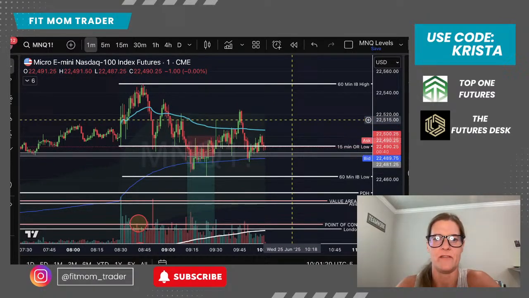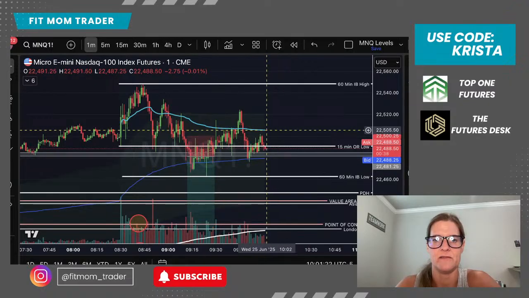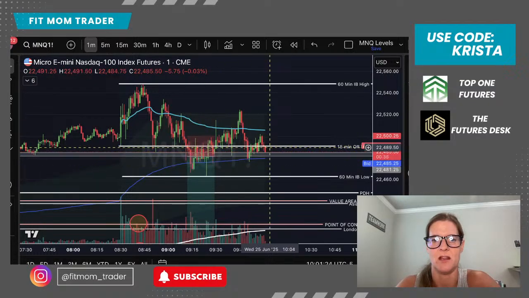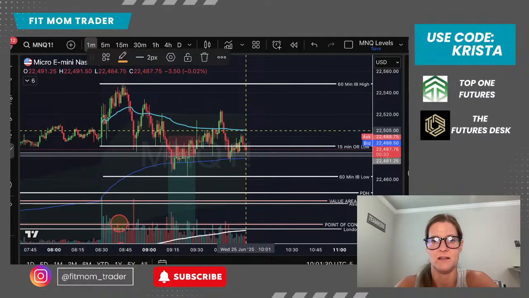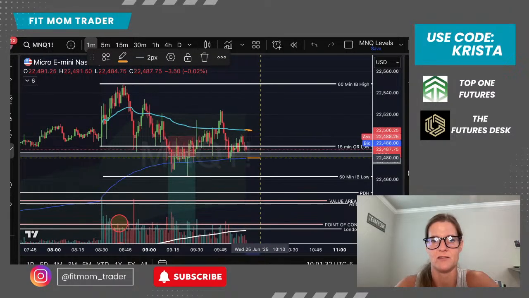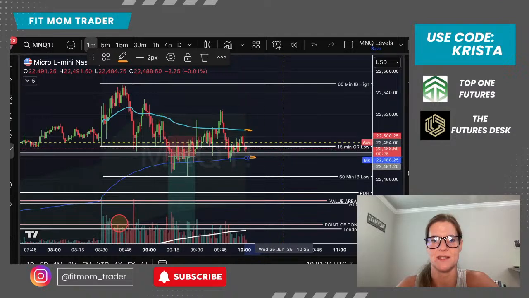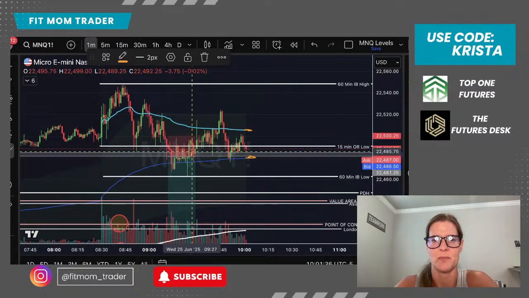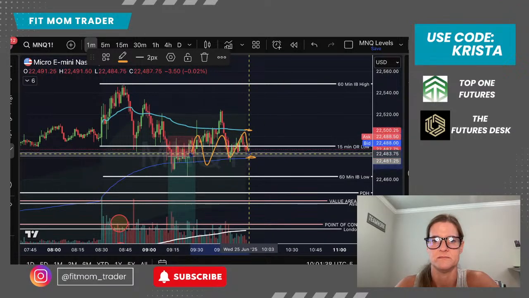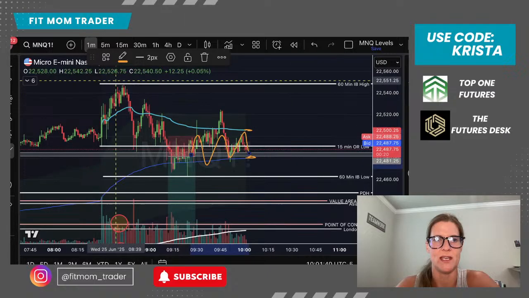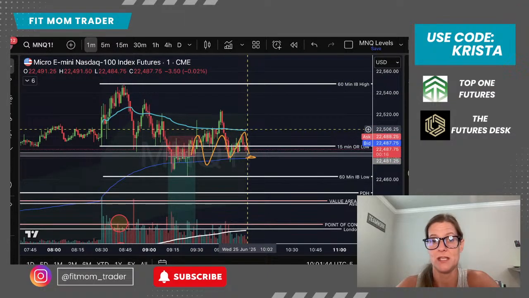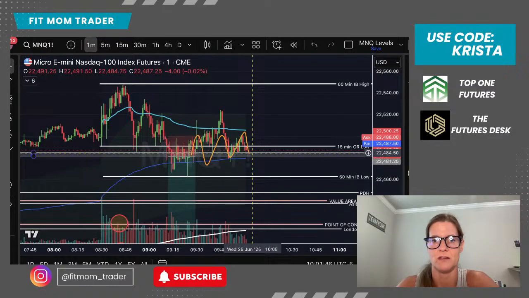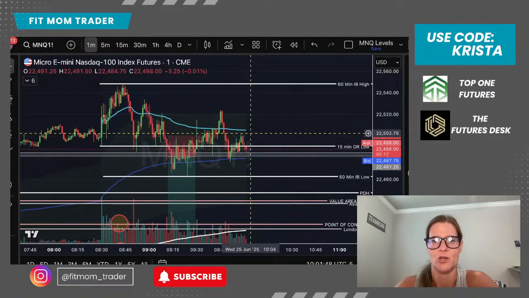I think having anchored VWAPs like this has helped me a lot, because just visually I can see that this and this is providing that support and resistance, and it's just chopping. So until we get a clear breakout in either direction, for me, this is no trade, no good setups.